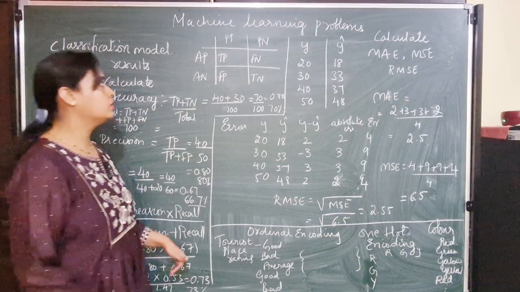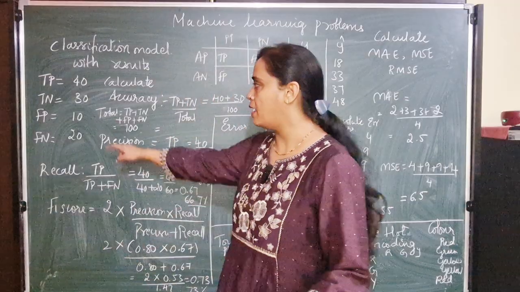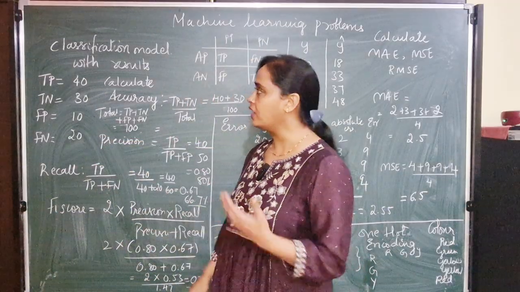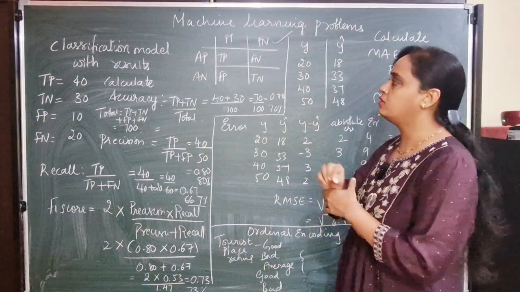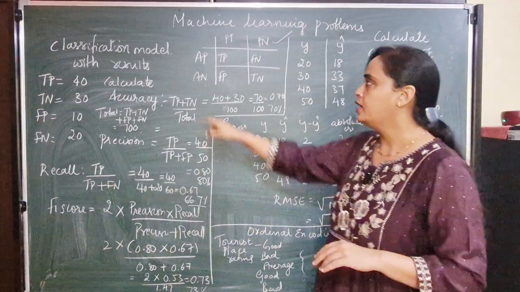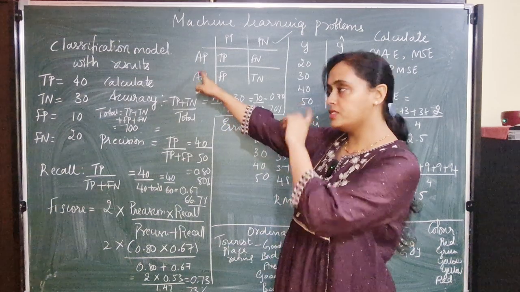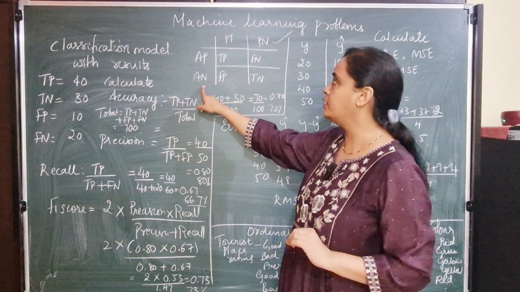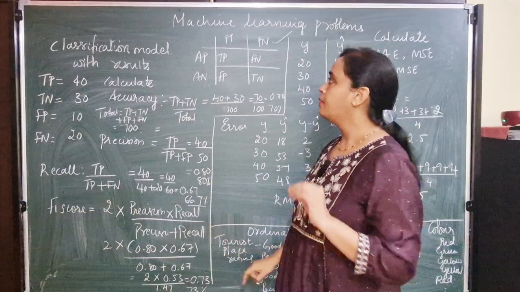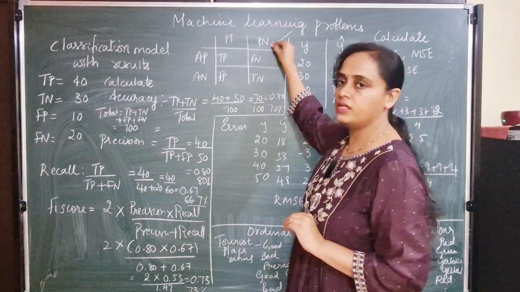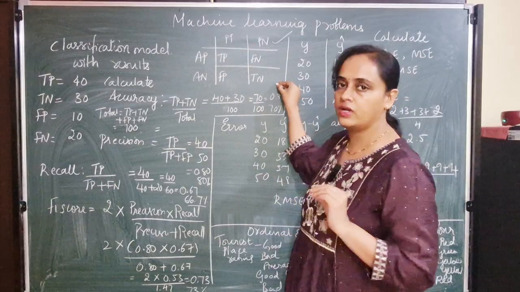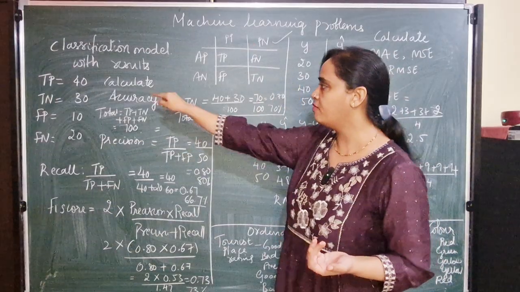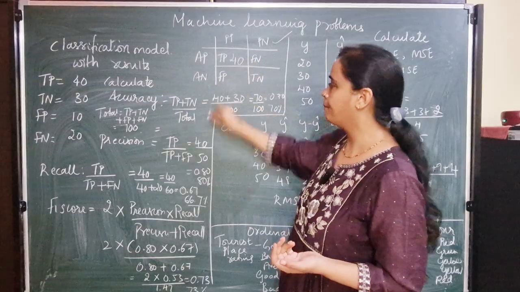Now once these parameters are found, we can even construct the confusion matrix. This is how we construct the confusion matrix. AP is actual positive, AN is actual negative, PP is predicted positive, PN is predicted negative. This is the confusion matrix that I taught you. Now what is the TP value? 40.